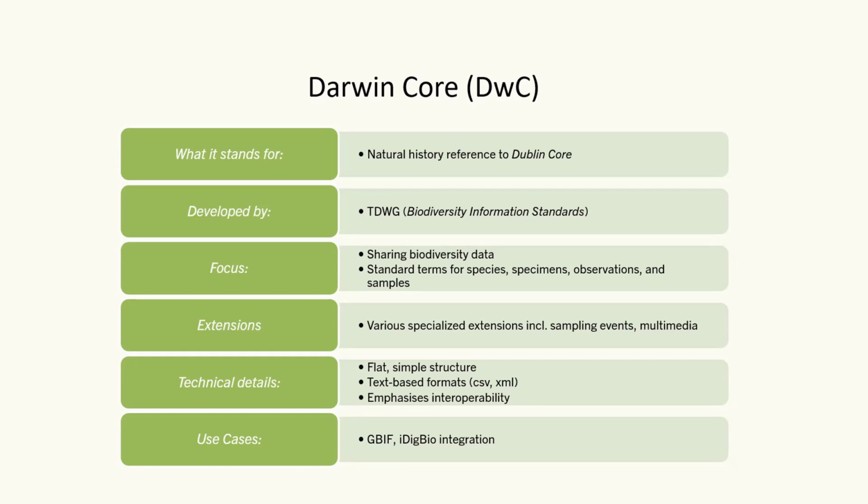For example, they have a multimedia extension, and the idea of it is to be as simple as possible. It emphasizes interoperability by basically just being a lot of definitions of terms that you can use to present things. There are also community efforts on developing ways to use those terms, but the Darwin Core itself is just the terms. And again, you can use this for GBIF integration as well as iDigBio.